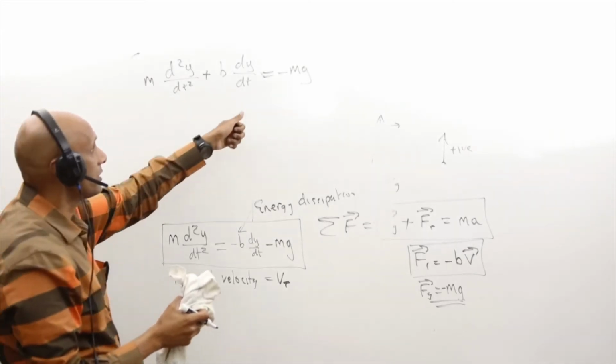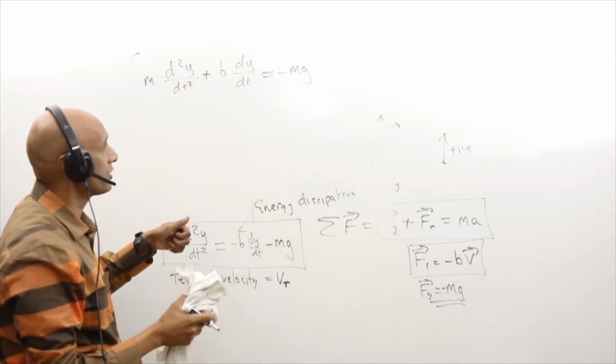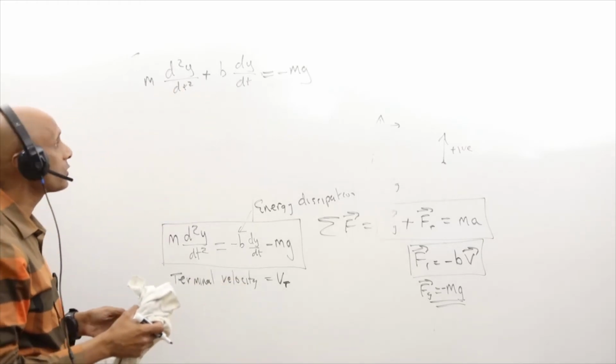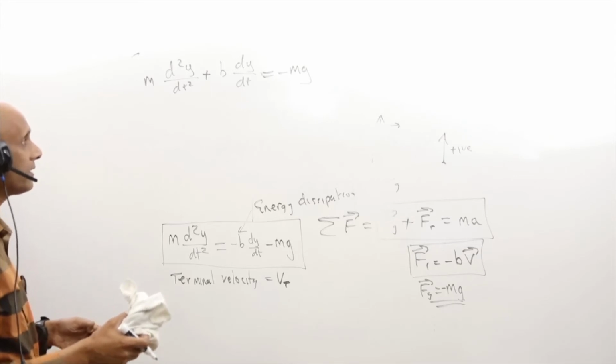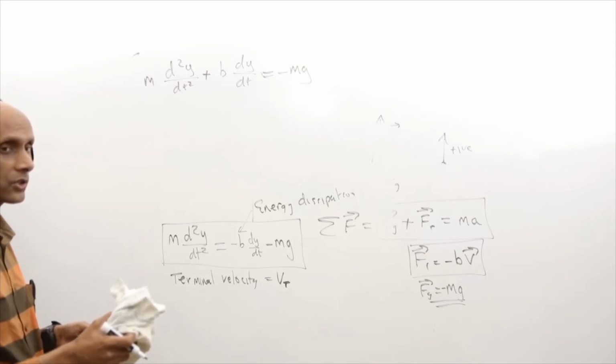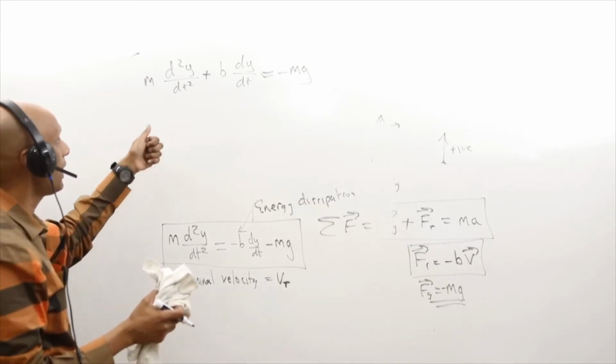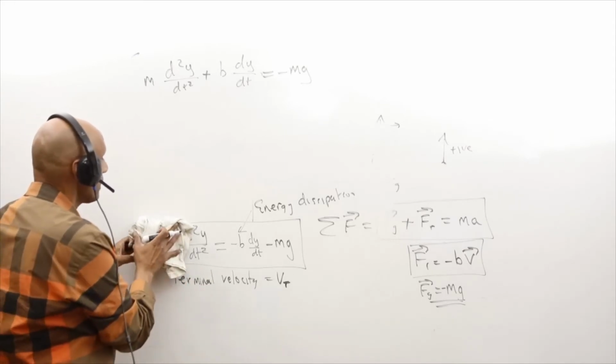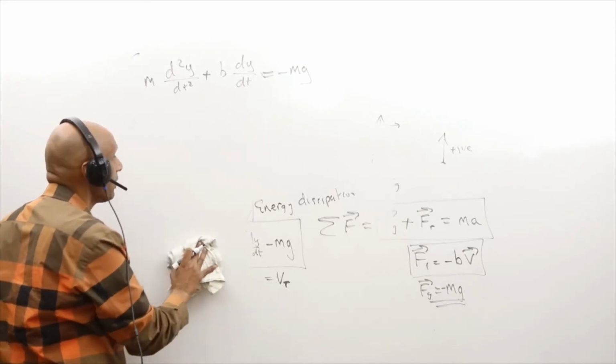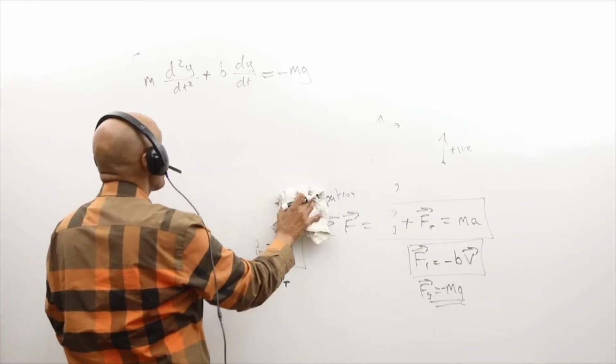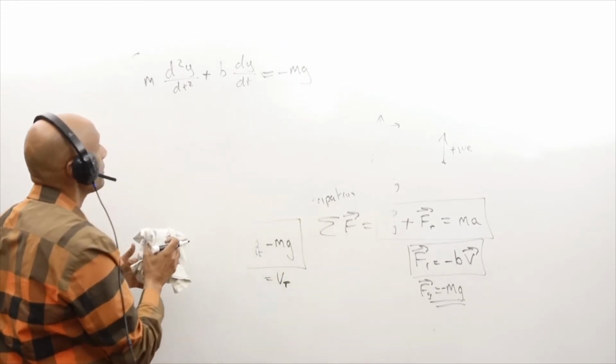It's inhomogeneous, but it has constant coefficients, and we know how to solve it. We could use the ideas of linear differential equations with constant coefficients and solve for y, but I won't do that. I'll use a simpler technique, because I don't care about y, I actually care about the velocity.